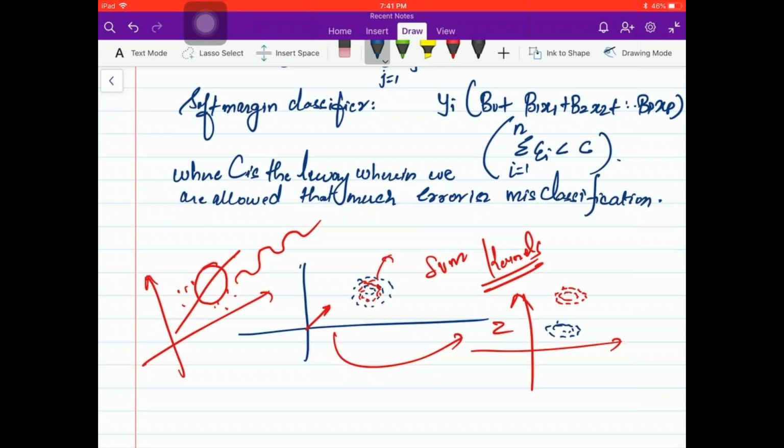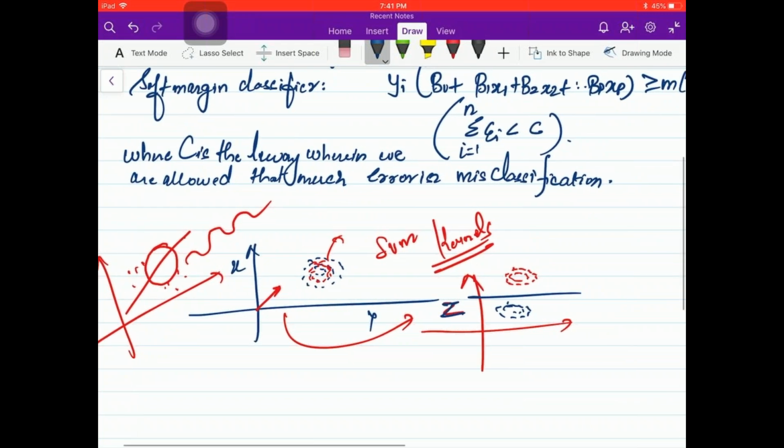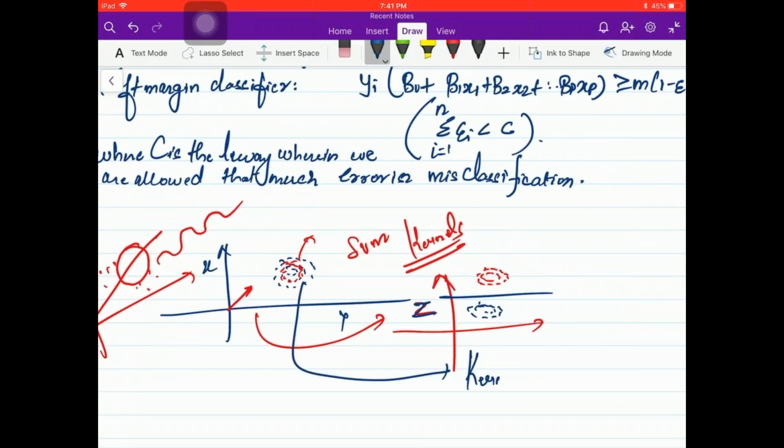In two dimensions, when you're just seeing x and y, it appears they are on the same circle. But if you see the third axis, there is a particular partition that can be done, and this can be clearly separated. So how do you add this dimension? This is done by the use of kernels.